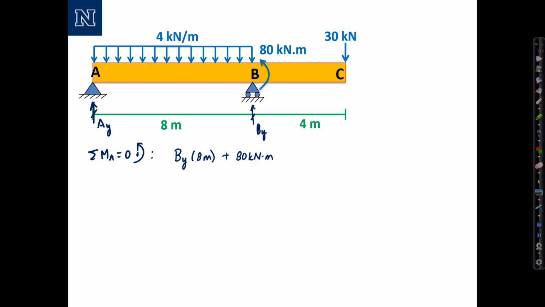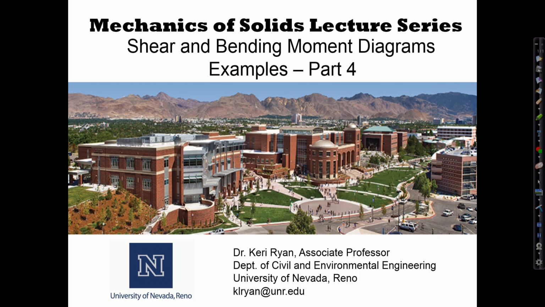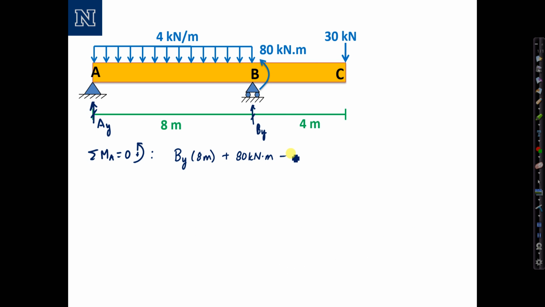Then I have the contribution due to my distributed load, spanning between A and B, and that's a negative moment. So minus 4 kilonewtons per meter times the length, which is 8 meters. And then I'm going to multiply it by the length over 2 to get the moment arm, so I can square this and divide the whole thing by 2.